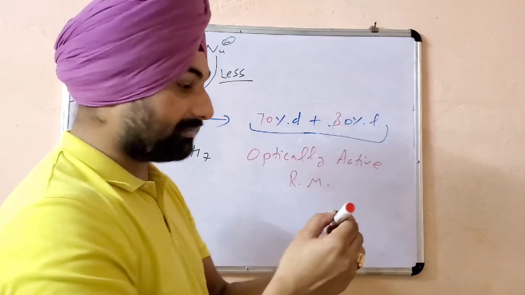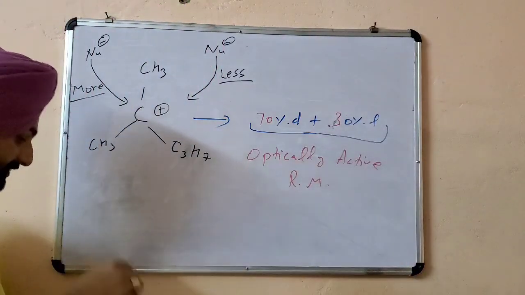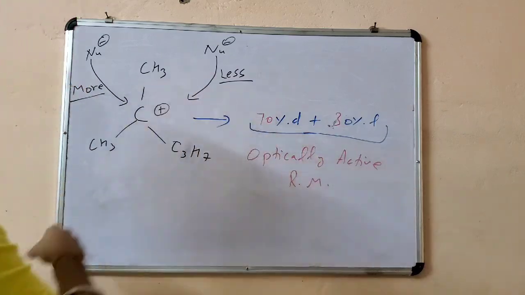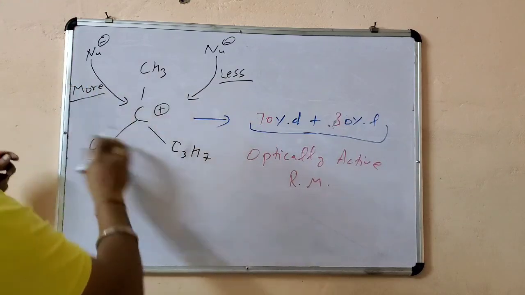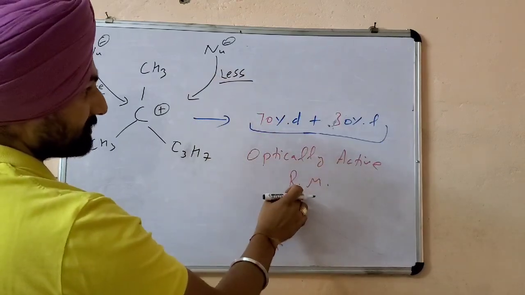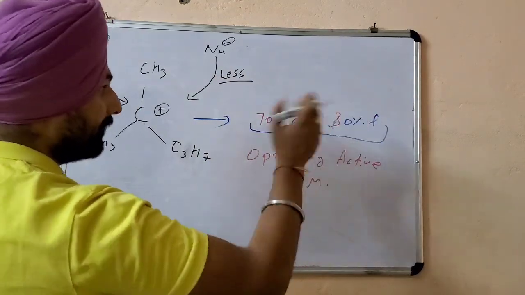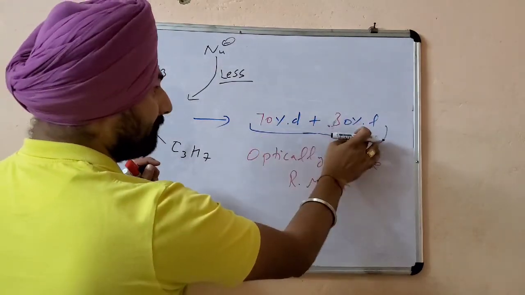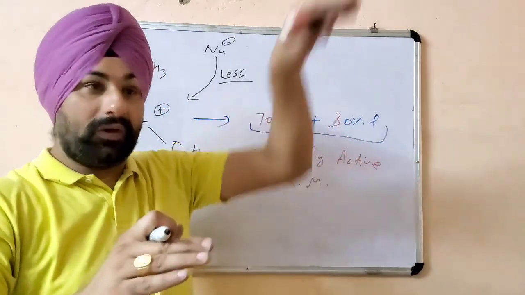That is optically active. This is the important thing. That is the stereochemistry. If it is like this, then the racemic mixture is optically active due to formation of both D and L forms, but their percentages are low or high.